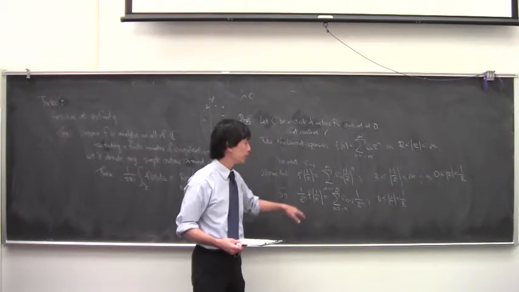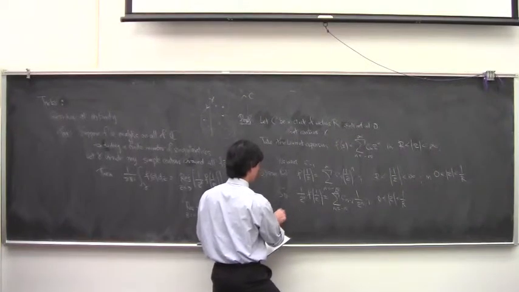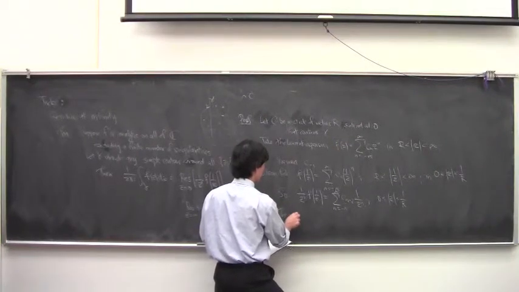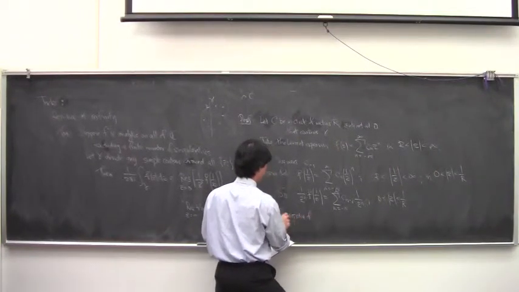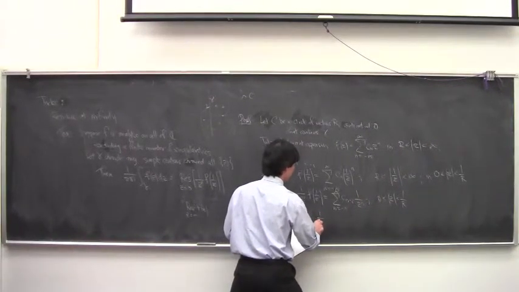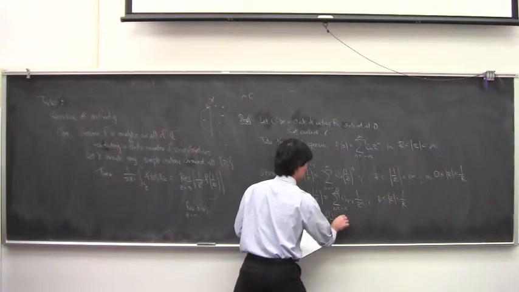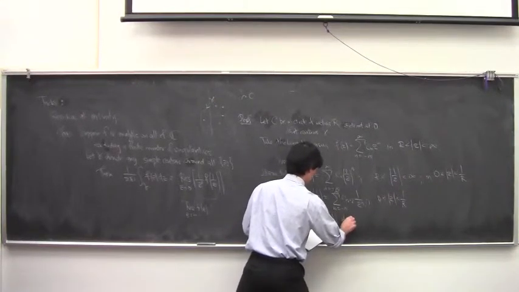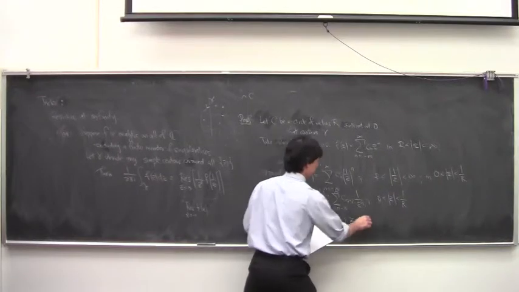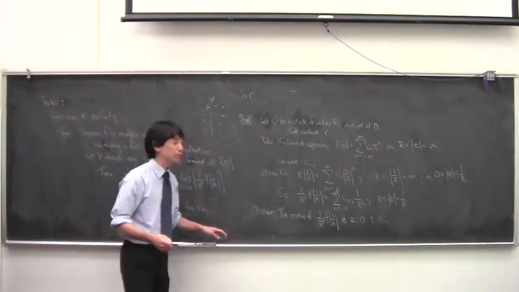And what you see is that the residue of this thing at z equals 0 is c sub negative 1, which is what you're looking for.